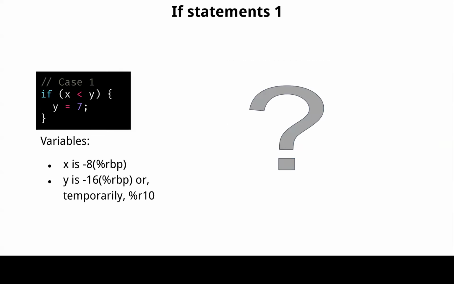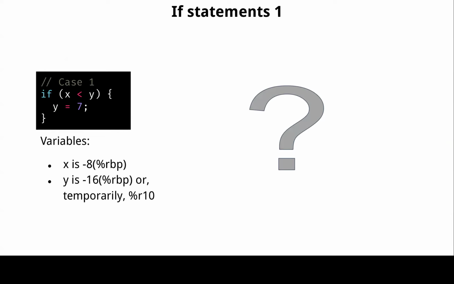Then about an if statement. Here we have two local variables, but those two local variables X and Y are not in registers. They are on stack. X is at -8 RBP, Y is at -16 RBP, so after X there is Y. There's nothing in between because they are 8 bytes, right?